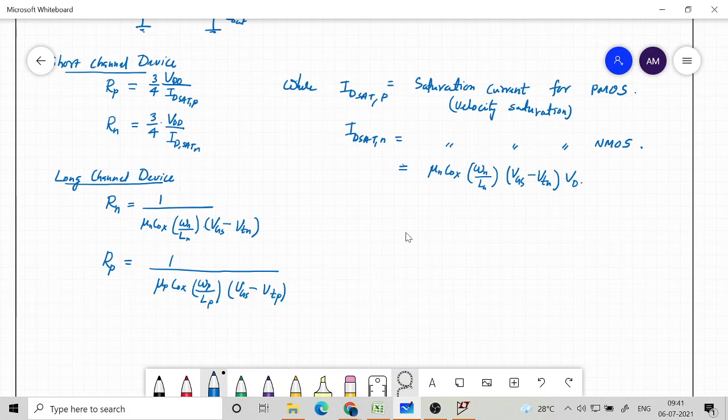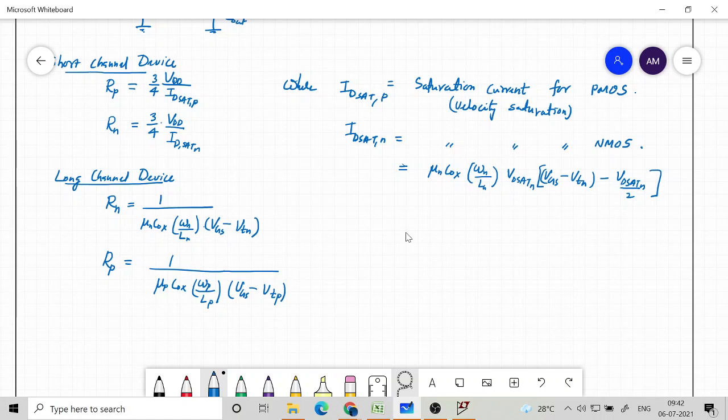Let me do it the other way. The saturation current in velocity saturation is VD sat into VGS minus VTN minus VD sat N by 2. So this was the short channel ID sat.